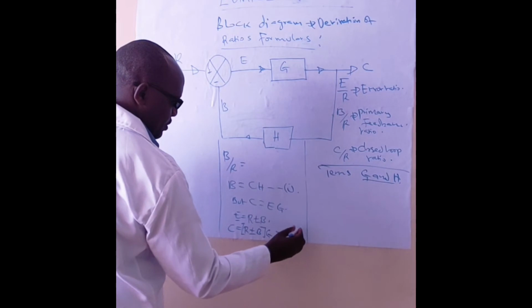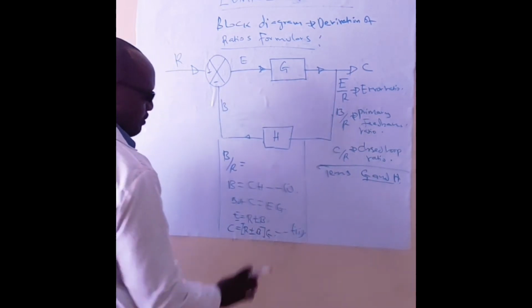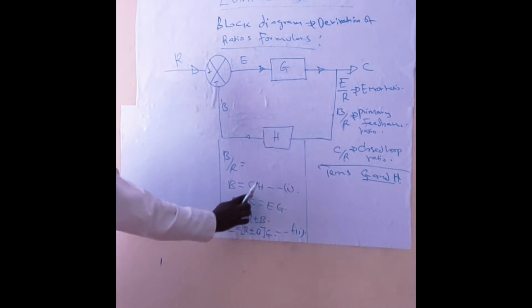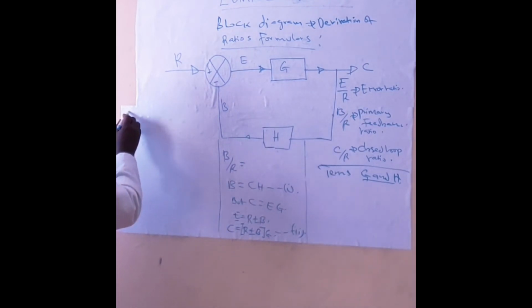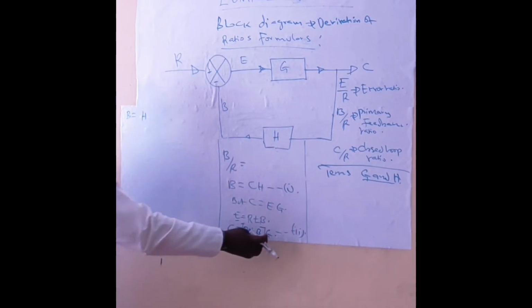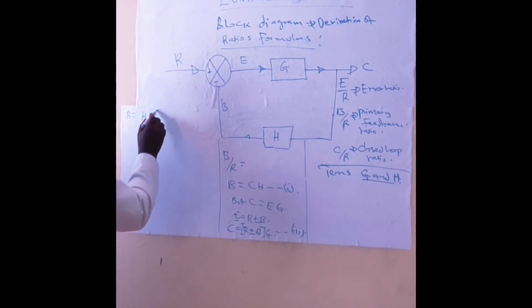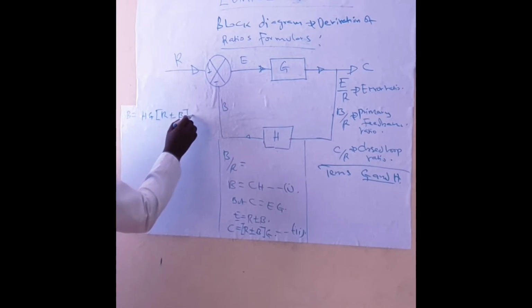Then now from here, we can substitute C here. So our B is going to be, instead of C, we are going to retain H, and then there is also this G, so GH into R plus or minus B. That one gives us the third equation.